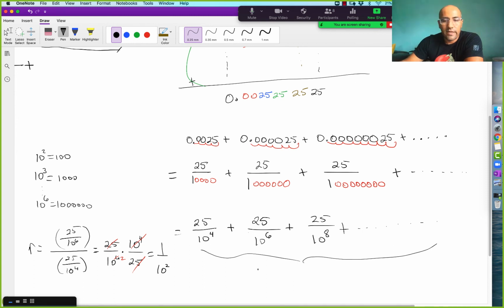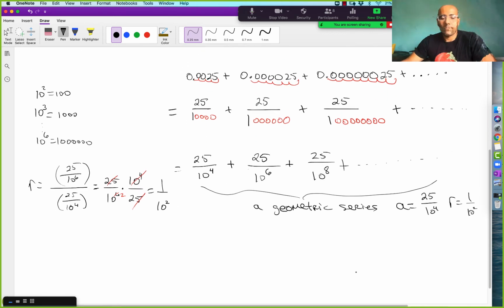This is a geometric series where a, the initial value, is this 25 divided by 10 to the power of 4, and r is equal to 1 over 10 squared. Good.